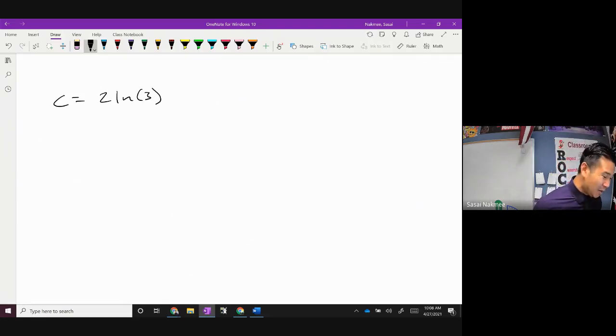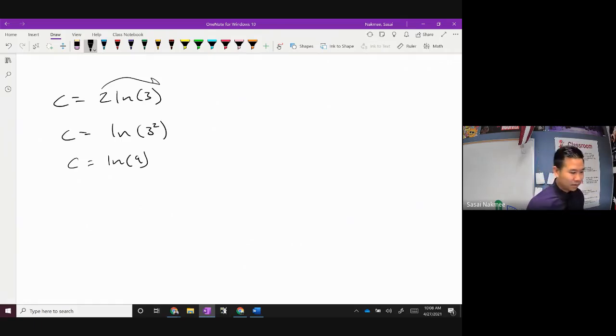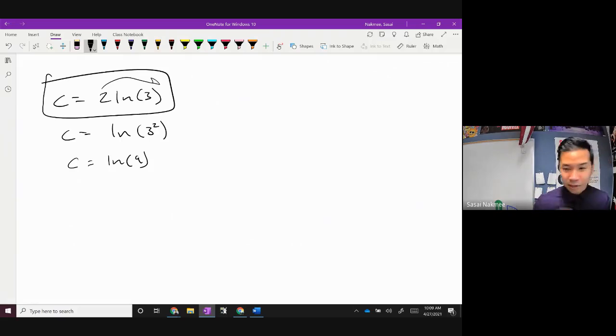But if you really, really want to, it's the same thing as the natural log of 3 squared, because remember, the power for ln's, you can put inside there. And if you really, really wanted to, you could write that as the ln of 9. But I'm okay with this. If you leave it like that, that's perfectly fine.